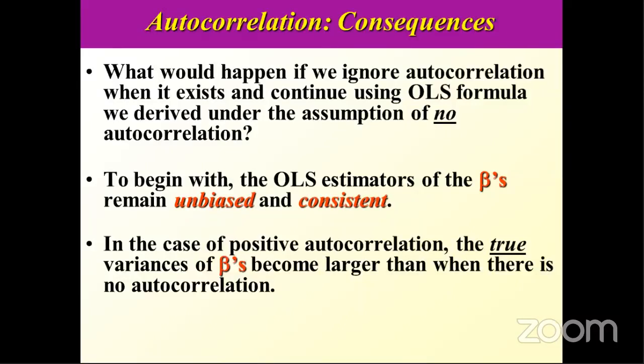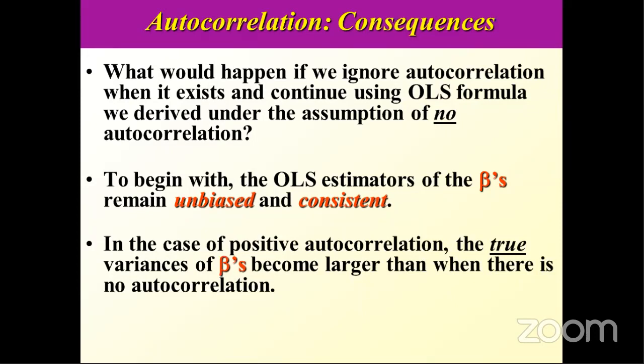There is not much difference between the consequences of heteroscedasticity and the consequences of the autocorrelation problem. Hence, I need not get into this again, because Niranjan, I hope, has already discussed the consequences of heteroscedasticity.